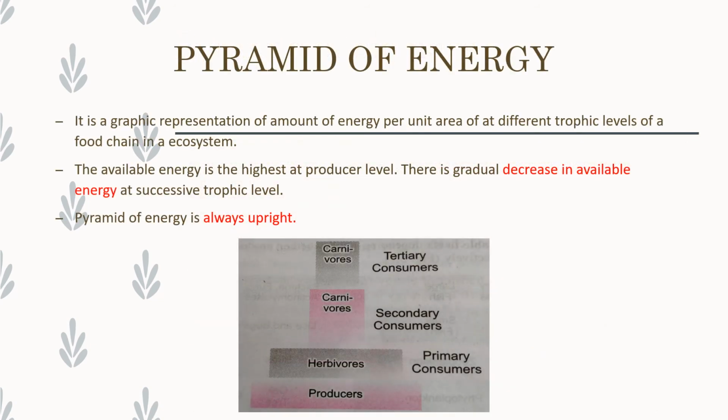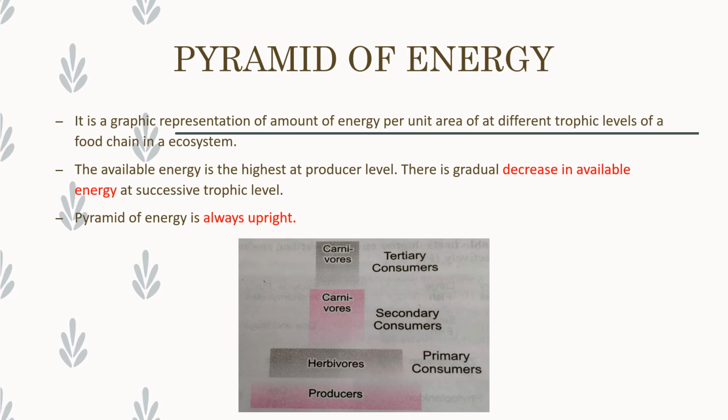Pyramid of energy. It is the presentation of the amount of energy per unit area at different trophic levels of an ecosystem. The pyramid of energy is always upright. Why is it always upright?